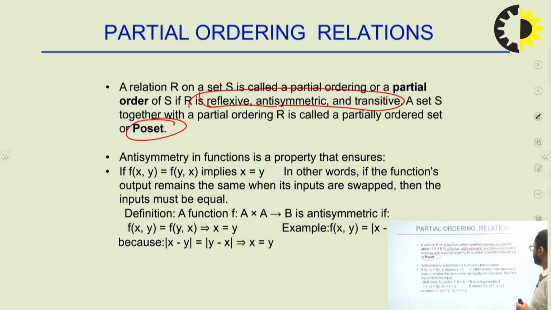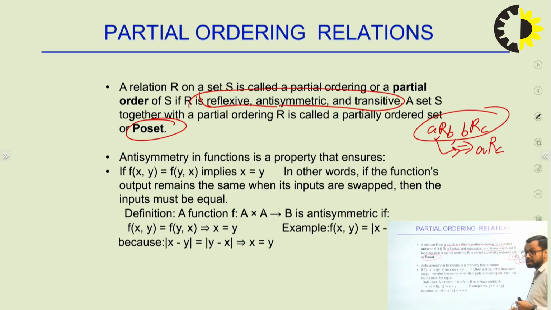Then the transitive relation: we know very well that if A R B and B R C, then we check that A R C will also be present, then it is known to be of transitive nature.